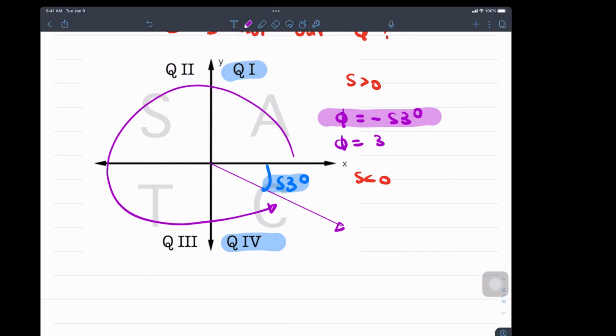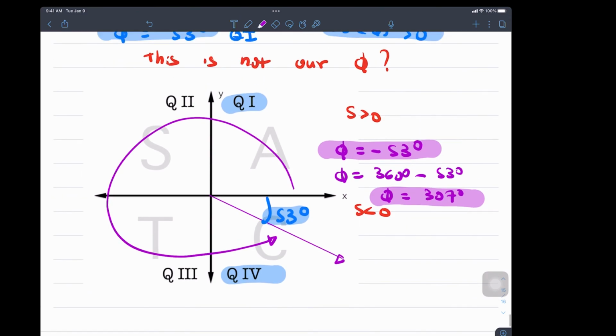That's right, 360 degrees minus 53 degrees. And what does that mean about our phi? 307 degrees, ladies and gentlemen. So I just want to remark there, either phi would be good. Yay? Nay? You guys see what I'm saying? So I'll pick 307 or minus 53.